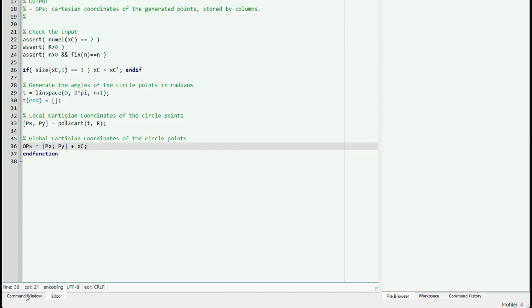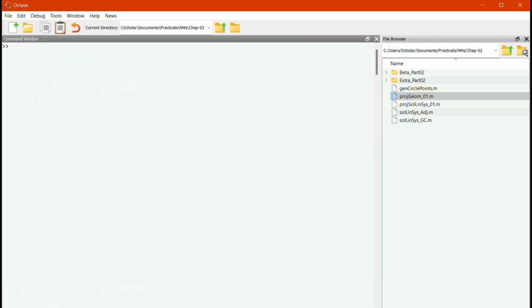Let's go to the command window, and let's generate OPS for 8 points. So genCirclePoints and XC, let's say 3, 1. So x coordinate is 3 and the y coordinate is 1.